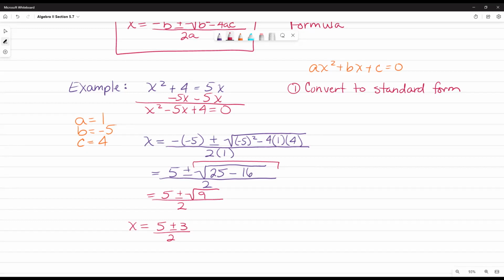No. No, we want answers. So x equals 5 plus 3 divided by 2, which gives us 8 over 2, and 5 minus 3 over 2, 2 over 2, which is 1.